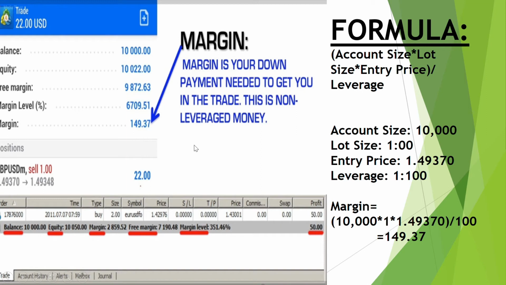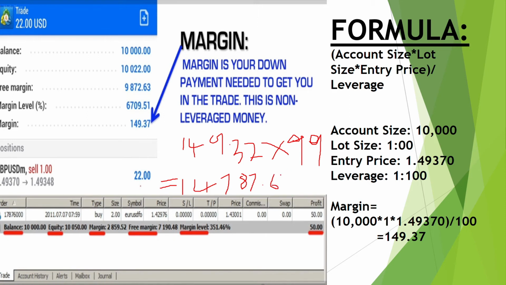This is it here. So now you have to times this by what? 99. 149.37 times 99 equals to... 149 times 99, 37 times 99, the 99% your broker gave to you, is equal to 14787.63.